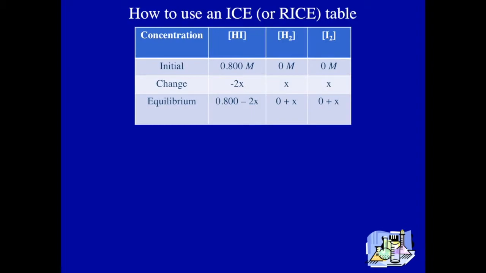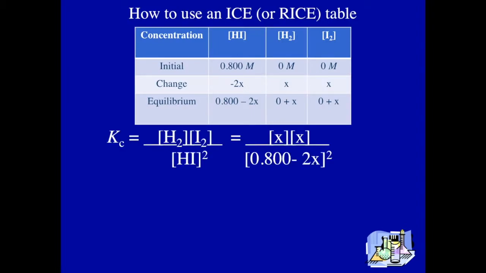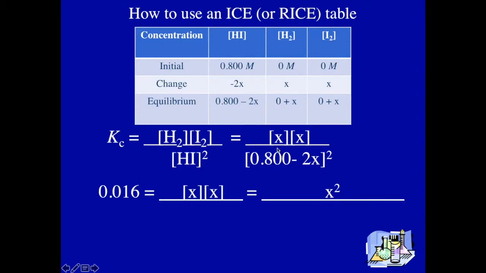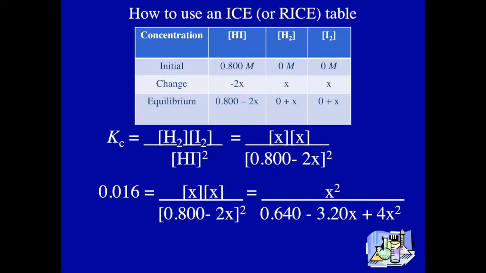So now I'm going to plug these into my equilibrium constant equation. Now you'll notice that we had to do algebraic FOIL in order to factor out this particular square.